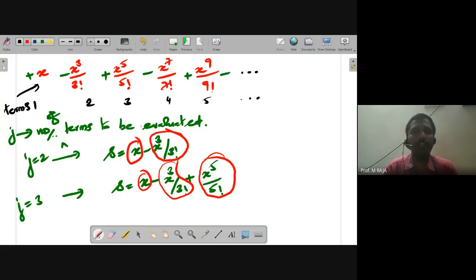Now let's see how to evaluate the individual terms. First term is x, second term numerator is x power 3, third term numerator is x power 5. The numerators are x power 3, x power 5, x power 7, x power 9, etc. When the term x is multiplied by x square, we have x power 3.